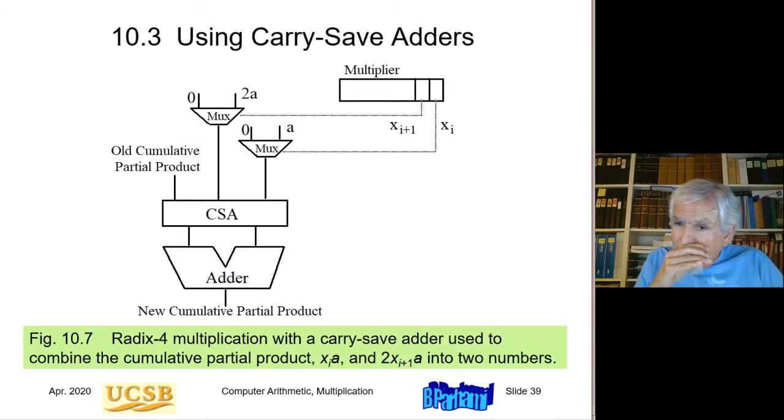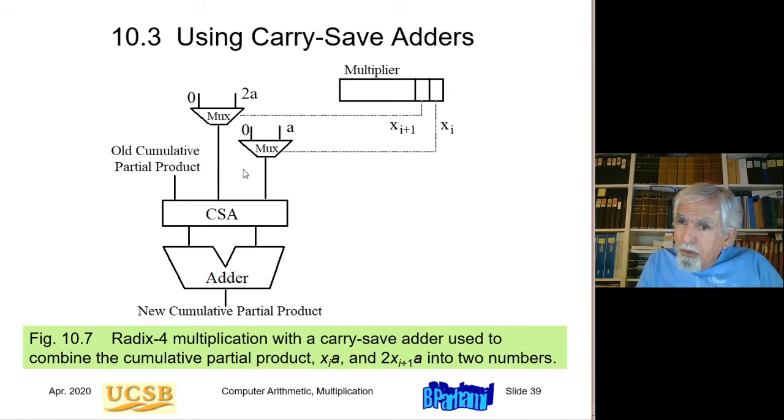Okay, here is another way of taking care of that difficult multiple 3 times A. So we take the 2 bits, use xi to choose either 0 or A, depending on the value of xi, and use xi plus 1 to choose 0 or 2A, because remember, a bit in this position is worth 2 units.